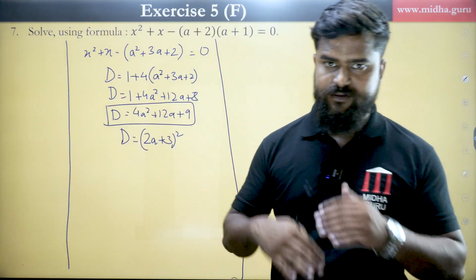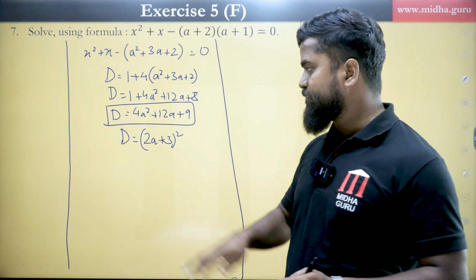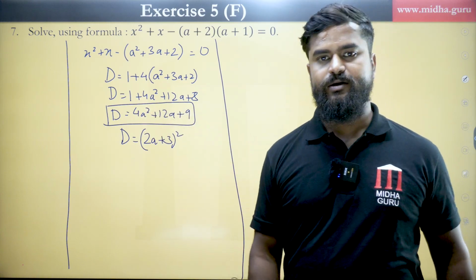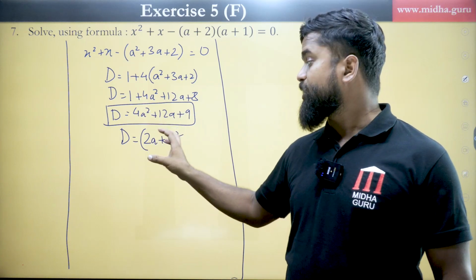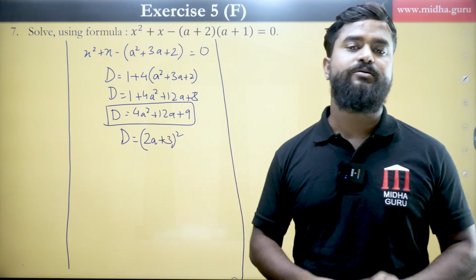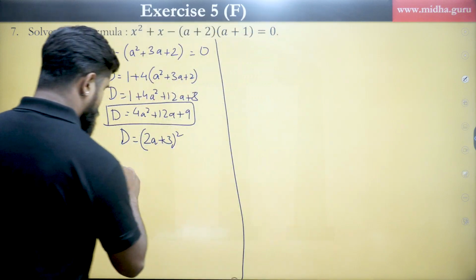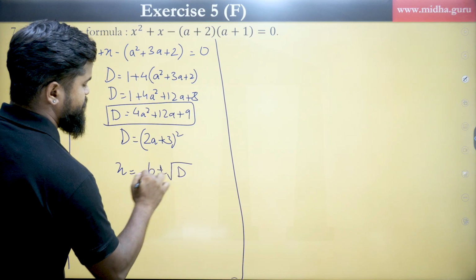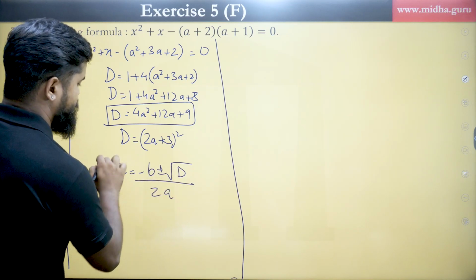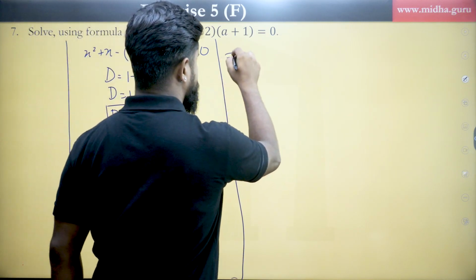Why I did that is because after this, when we go into the quadratic formula, we are supposed to find the root of this discriminant. So I am squaring it here. I am finding suitable terms to write it as a square of, so that we can do the square root easily. Now applying the quadratic formula, we know it is equal to minus b plus or minus the root of the discriminant divided by twice of a.